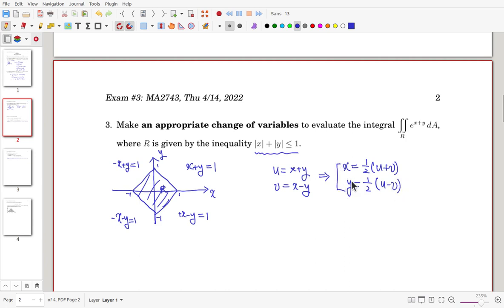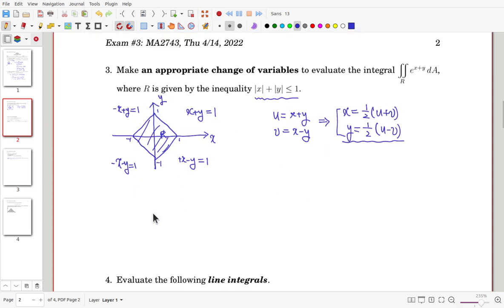So that's the transformation we found. Along with that transformation, the region Q, the pre-domain, can be found in this way. Its transformation T is from the pre-domain in UV coordinates. That's U and V.